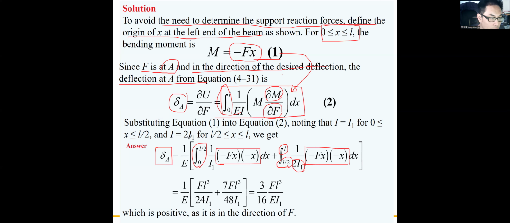So we can solve this equation. We can just take the integration of the two terms, and finally we get the deflection at point A.